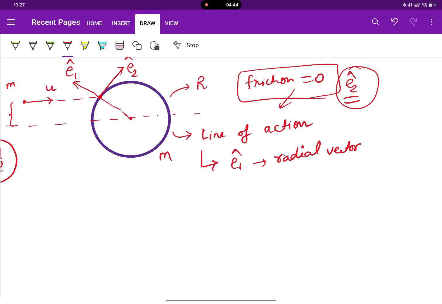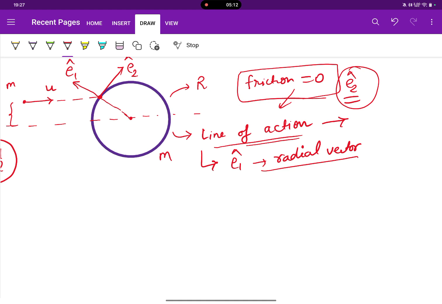Along E2 there is no impulse, because impulse acts basically in the direction of force, and all the force is going to act along the line of action. When this 1D kind of object collides with this 2D disk, this is what is going to happen. And line of action is nothing but the radial vector. I hope you understand things.